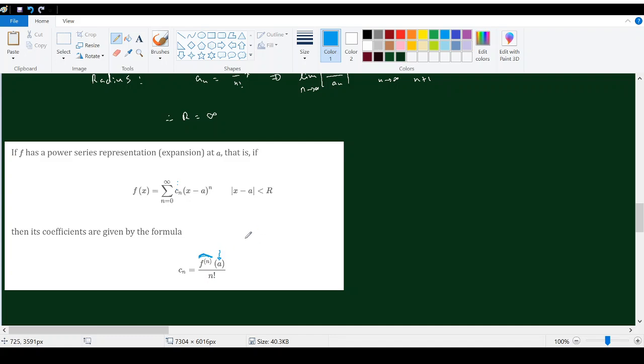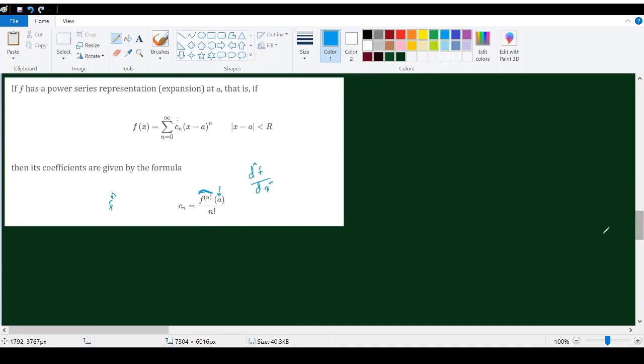This represents the nth derivative, that means nth derivative with respect to x, right? So it's like f is differentiated n times, not the power of n. It's not f to the power n, but it's just the nth derivative of f. And there are some more things that I want to discuss, and I will go through it in the next couple of videos.